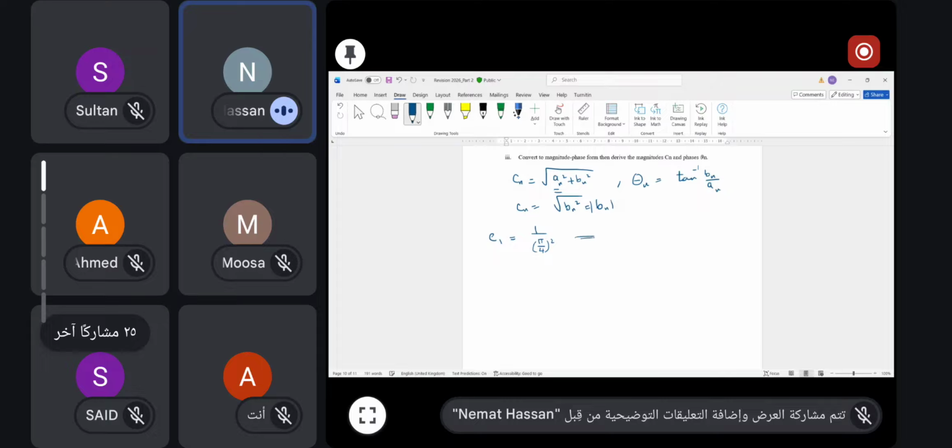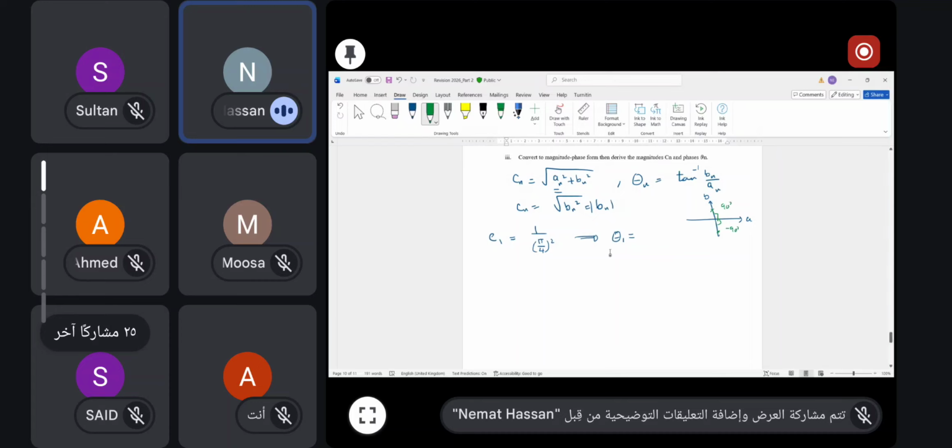And then based on that, theta 1 would be equal to what? If A is 0, it means it's based on the value of B. This represents A, this represents B. If A is 0, you're either at positive B or negative B. If you're at the positive value, the angle will be 90 degrees. If you're at the negative value, the angle will be minus 90 degrees. So you have only two options.